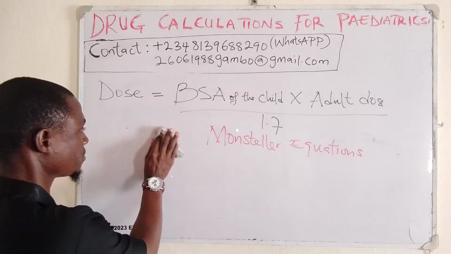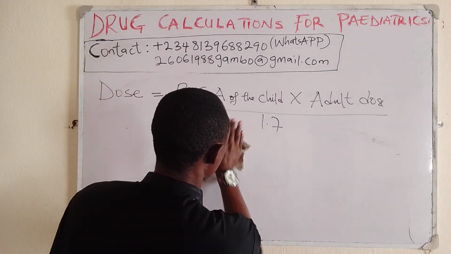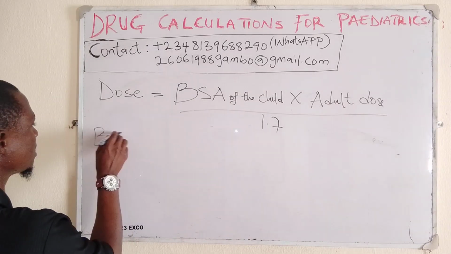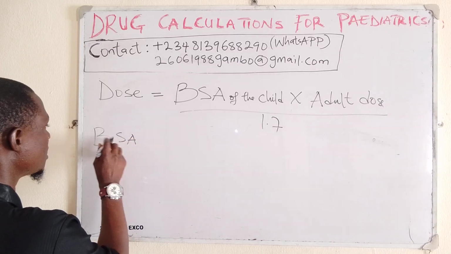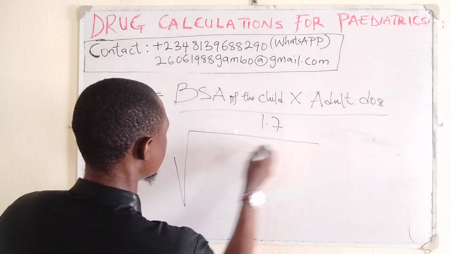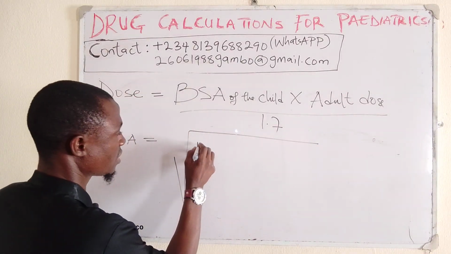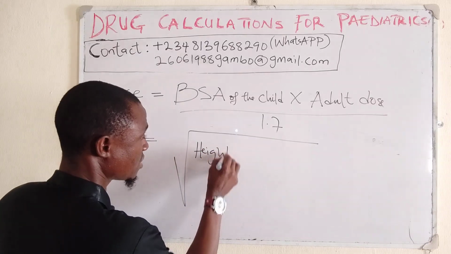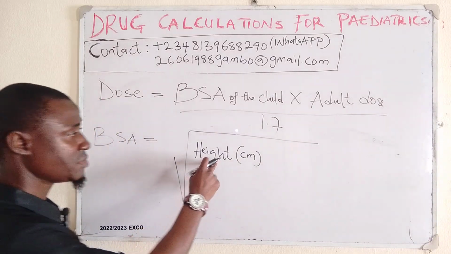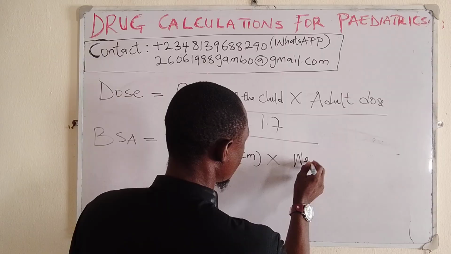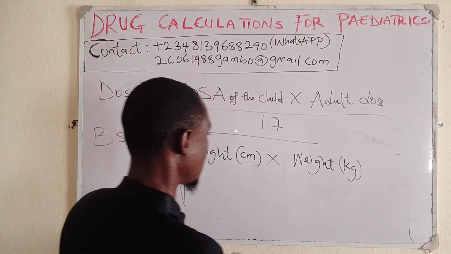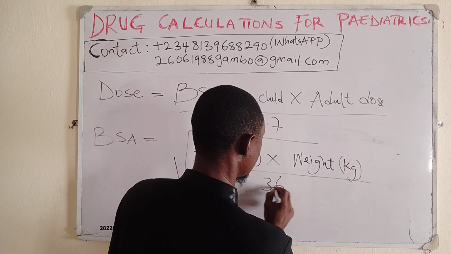Now, what is the Mosteller equation? The Mosteller equations are two, as I've said earlier. Let's take the first Mosteller equation. The body surface area of a patient can be calculated using the first Mosteller equation that says BSA is given to be the height of the patient in centimeters, multiplied by the weight of the patient in kilograms, over 3,600.